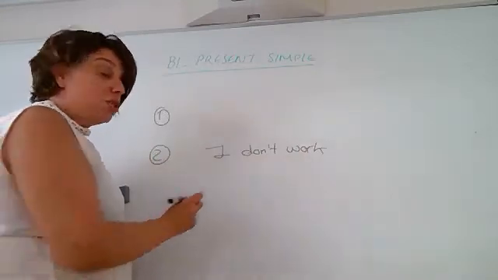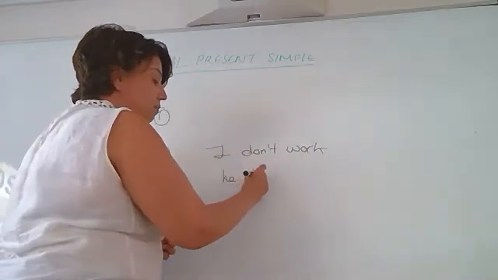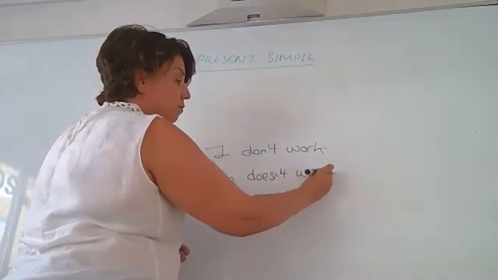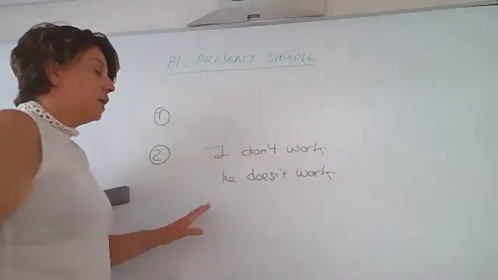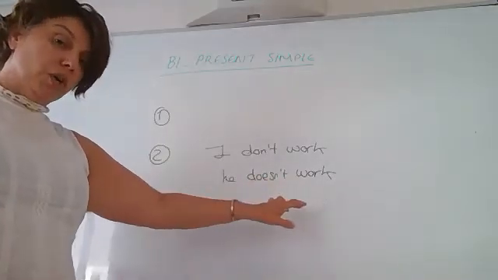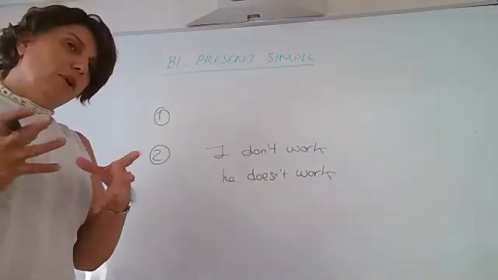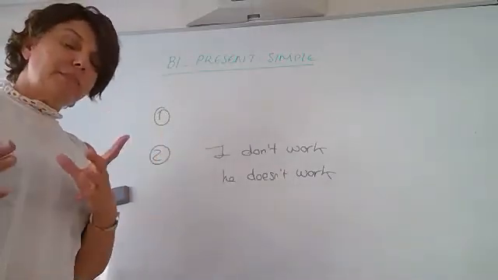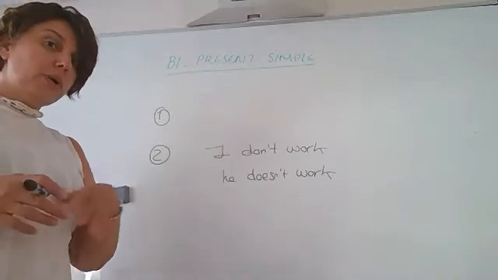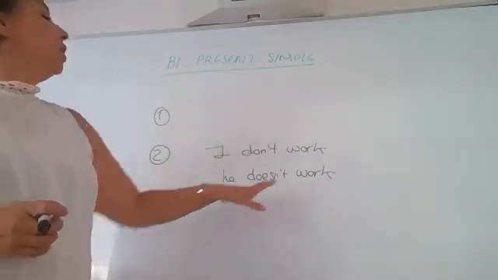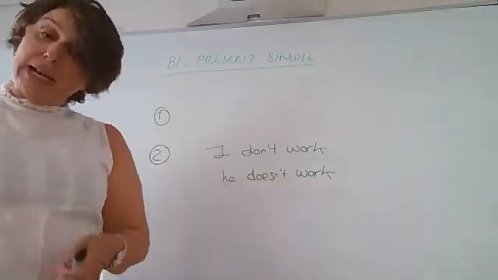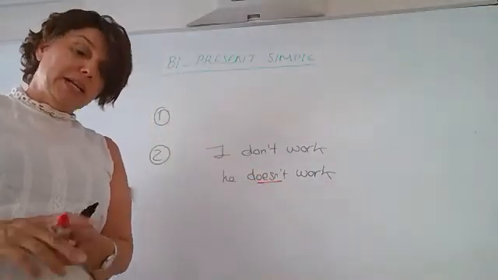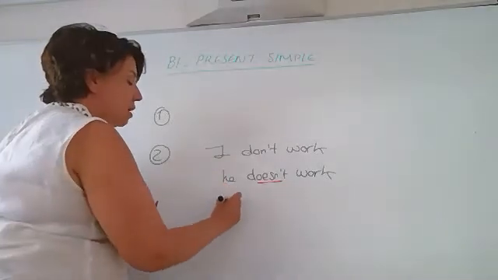Si es tercera persona, it doesn't work. O sea, por un lado, en el afirmativo hay que recordar siempre que sea tercera persona ponerle la S. Pero cuando es una pregunta o una negación, nunca lleva la S allí, porque la S está aquí metida y no la tenemos que repetir. Esto sería la negación y esto sería la pregunta.